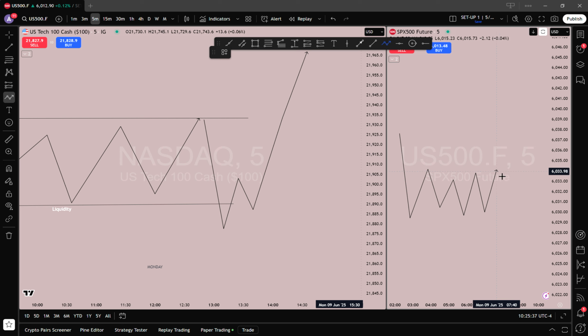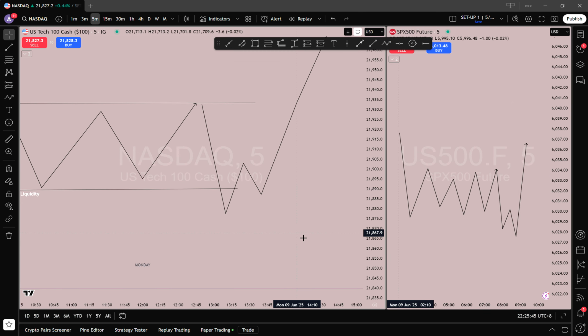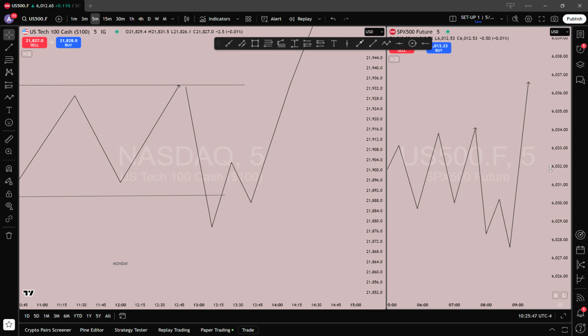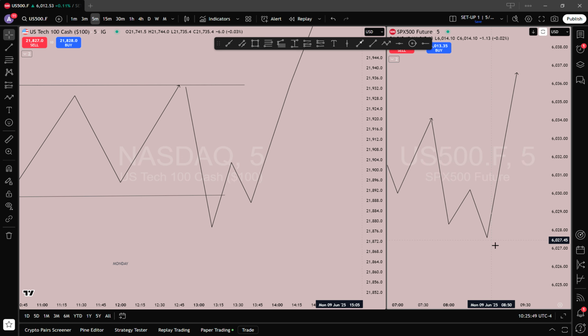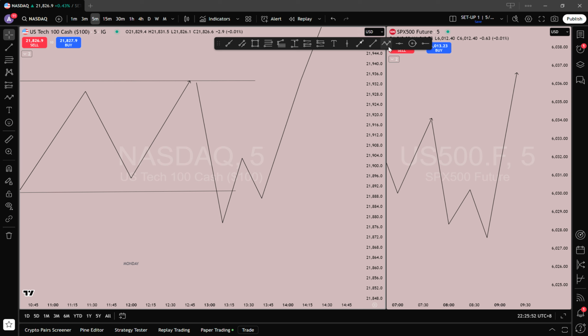If they show something else, so let's say ES takes out these lows and then it forms this, but then it takes out these lows and then goes higher. So this is basically an SMT where ES takes out these lows and makes a lower low, but then on Nasdaq over here it doesn't take out that low. This is basically an SMT. If you see this, that means an SMT has formed.